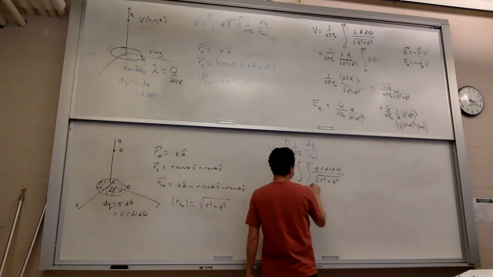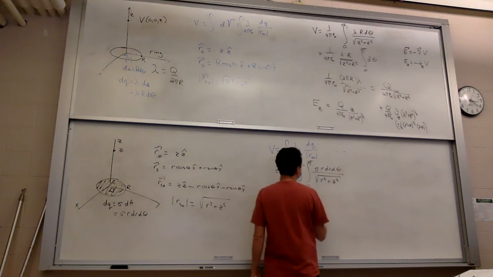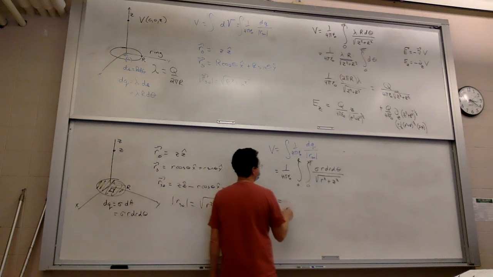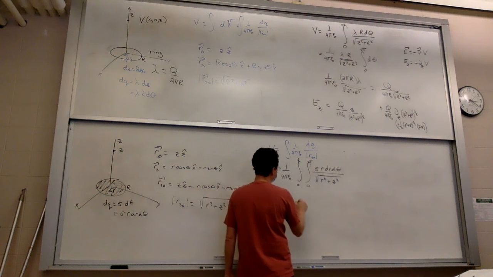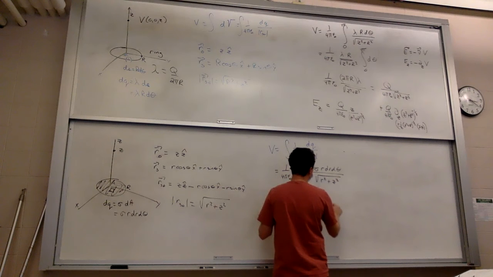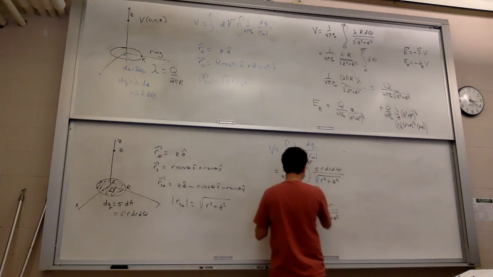The theta integral goes from 0 to 2 pi, and the r integral goes from 0 to capital R. I would do the theta integral first, which gives me a factor of 2 pi. Sigma's constant, so I pull it out, along with the 4 pi epsilon naught. And I get the integral of r dr over the square root of r squared plus z squared from 0 to capital R.